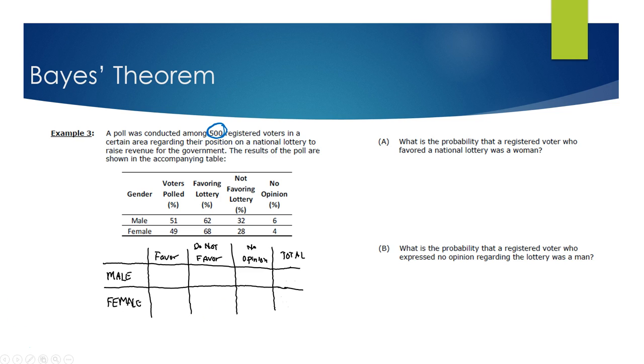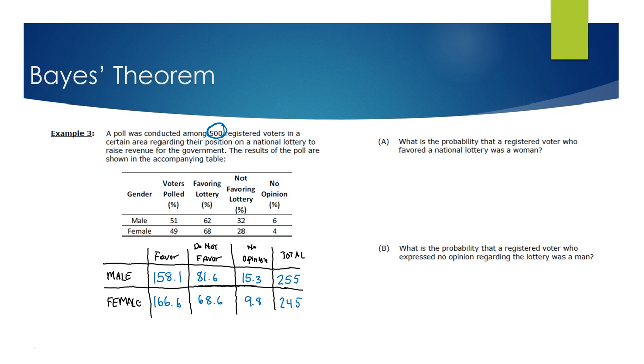Again, these percentages were probably rounded off, so as I do these, I might get some numbers that may not make total sense. At first, the totals, 51% and 49% of the 500, give me 255 males and 245 females. But as I look into the other ones, if I'm letting these be the number of men and women who answered a certain way, I'm getting decimals, which some people get alarmed about because they say that doesn't make sense.